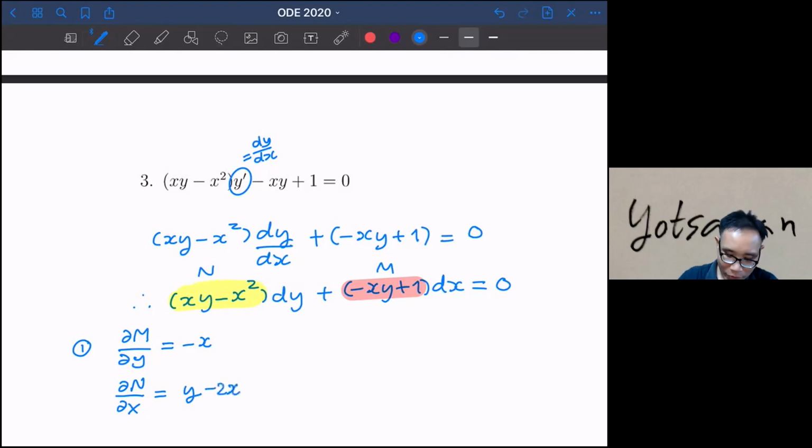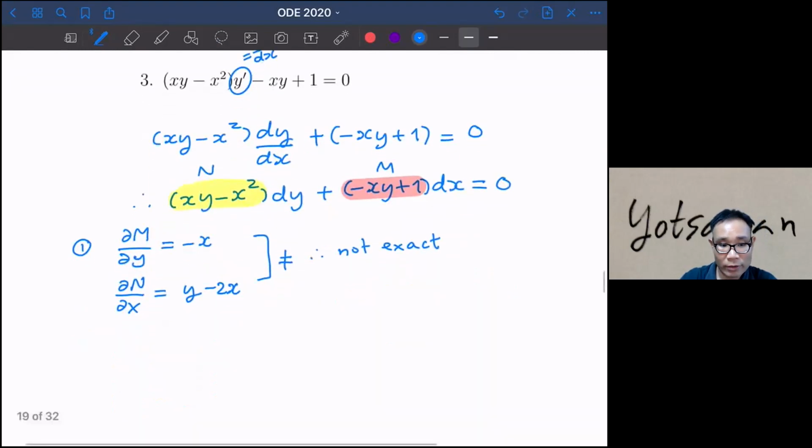They are not identical, so it's not exact.